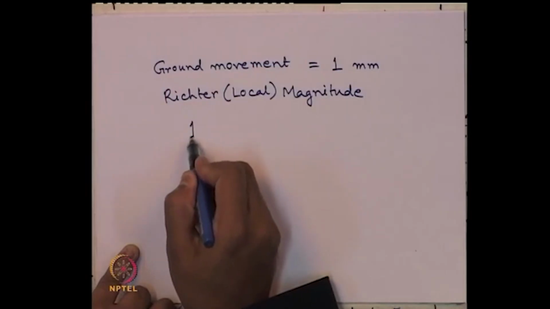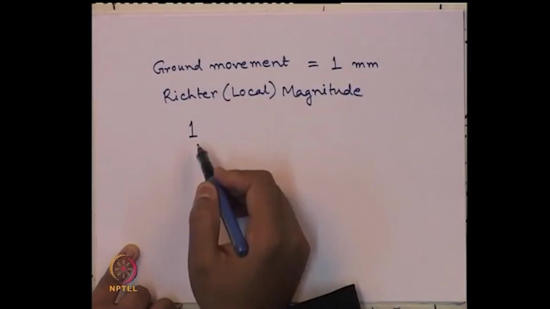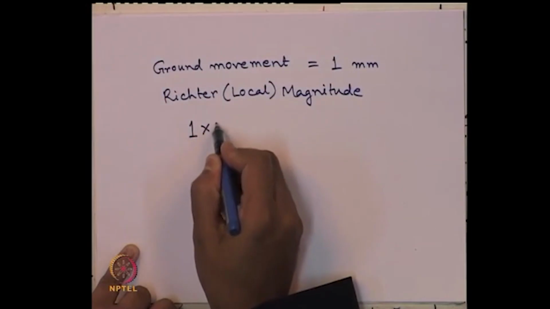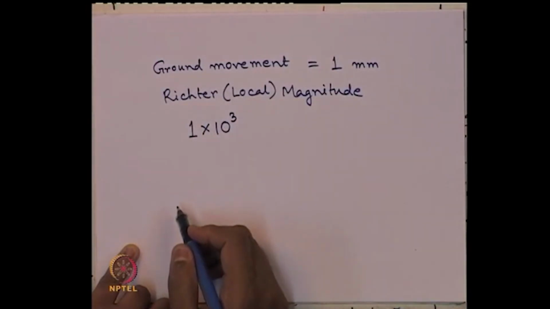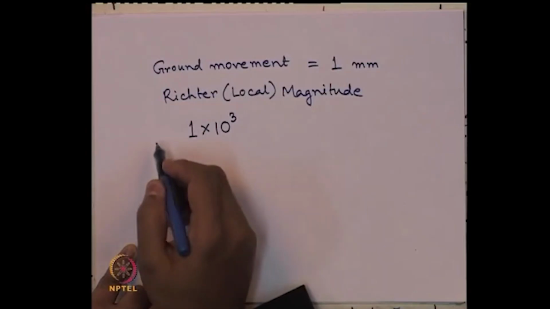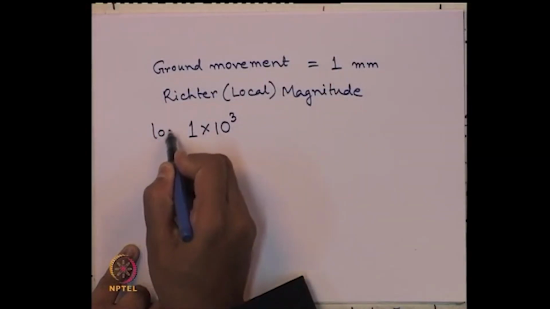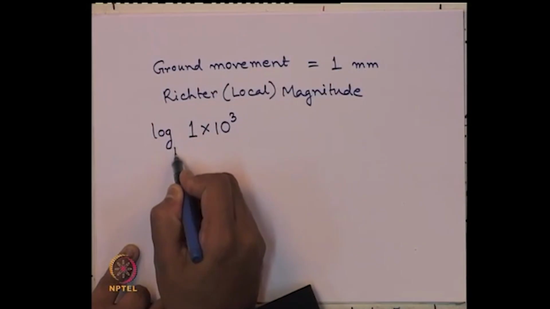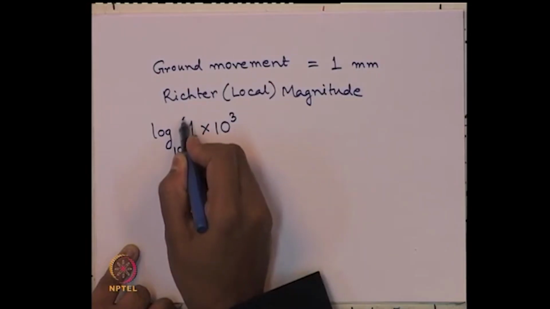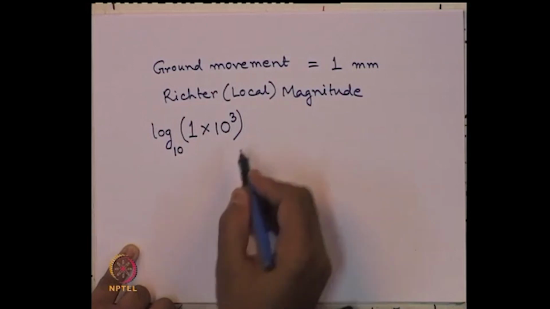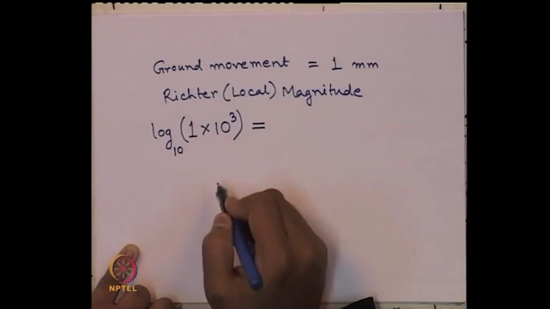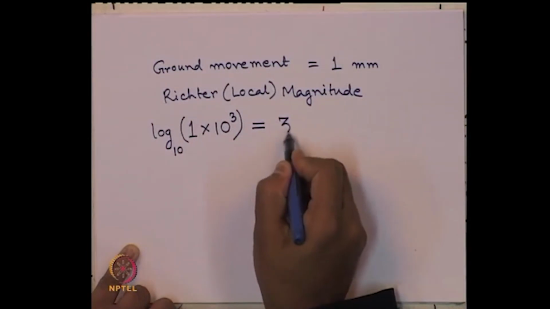So, I said this value of 1 millimeter, we need to multiply it with 10 to the power 3, and then we have to take a log of this value to the base 10. So, if we do that operation, then the value we are getting is 3.